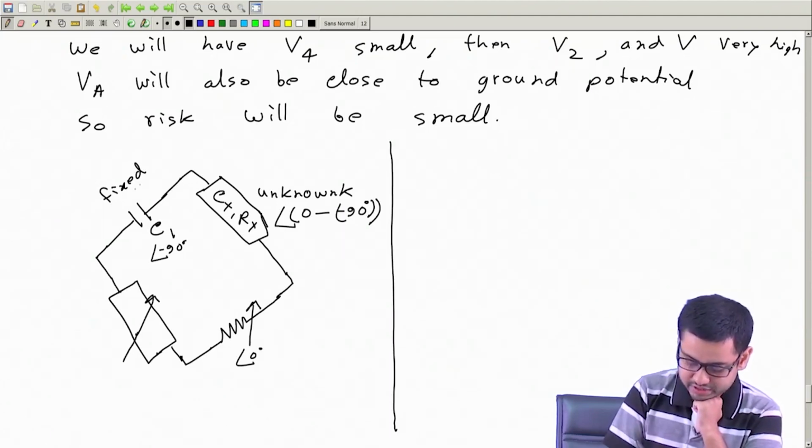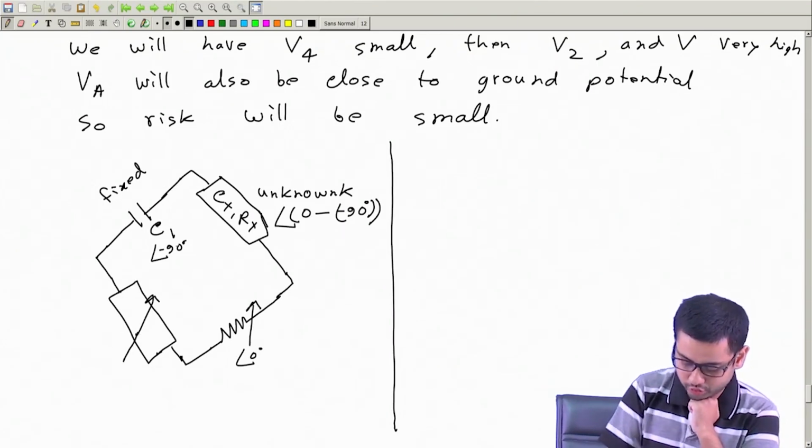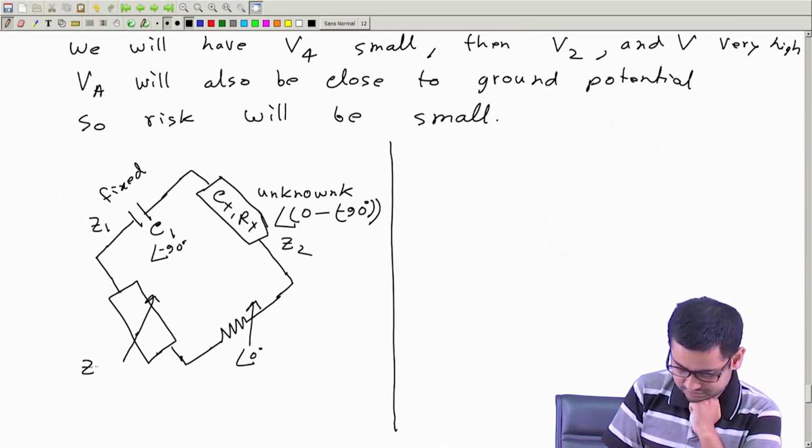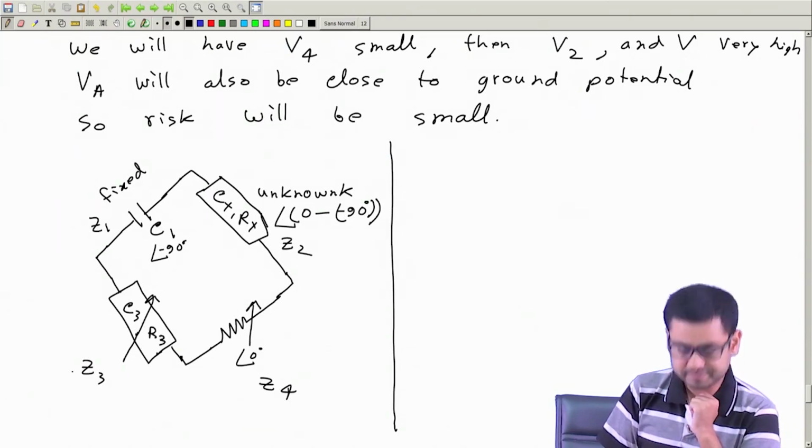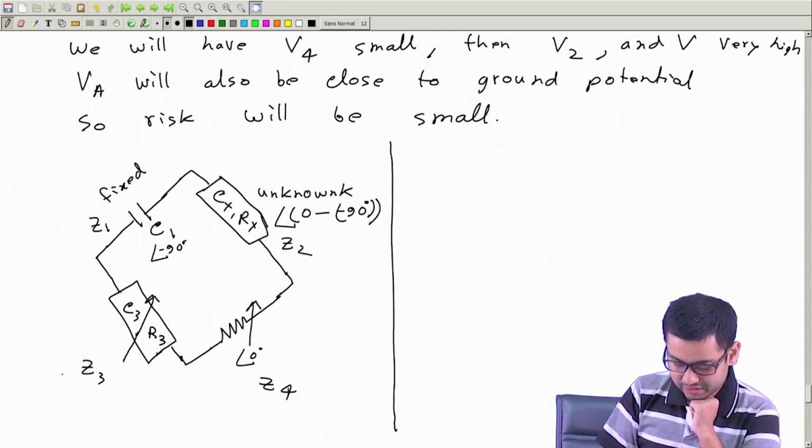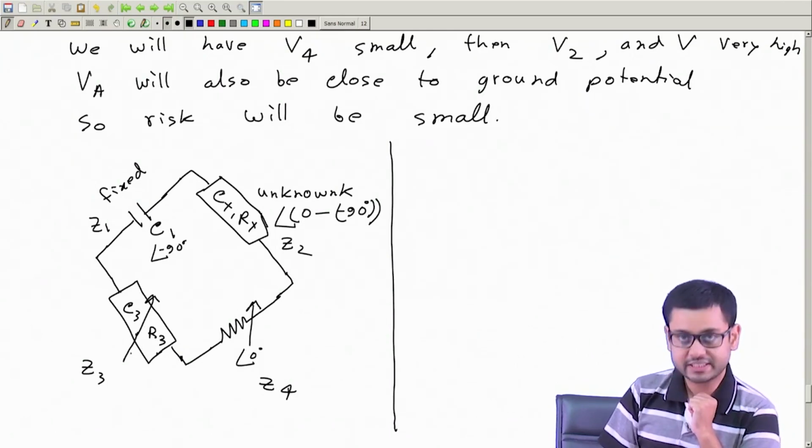Call this branch 1, 2, 3, 4 according to my notation. So, we will choose this as some series or parallel combination of C3 and R3.